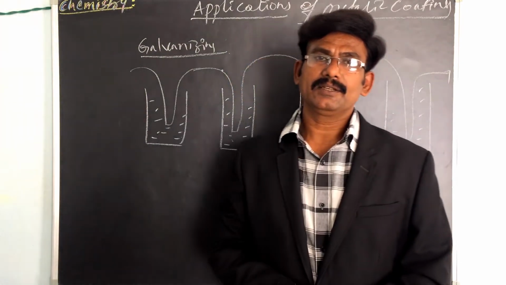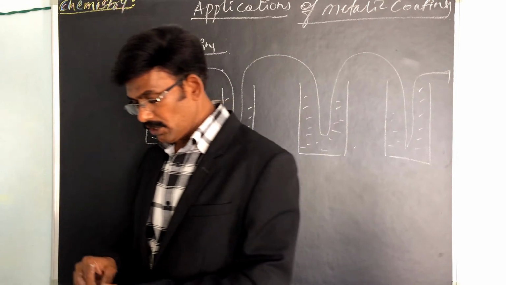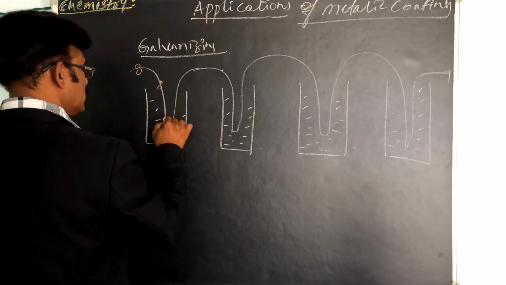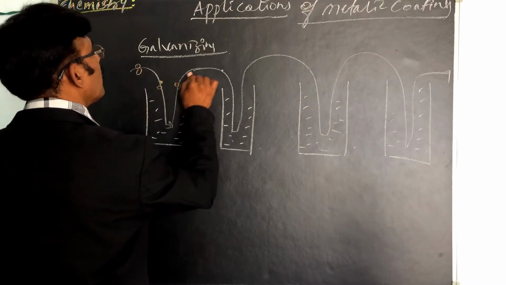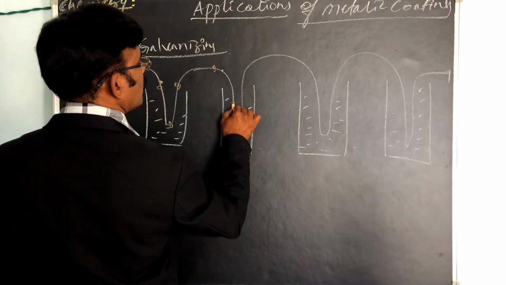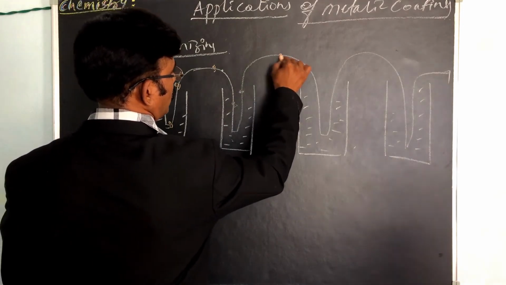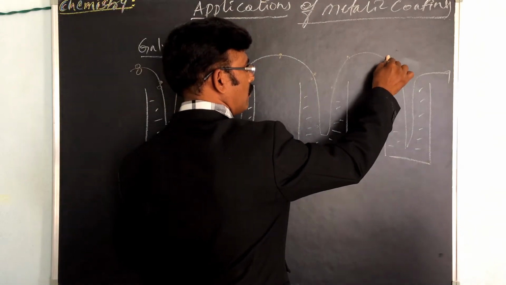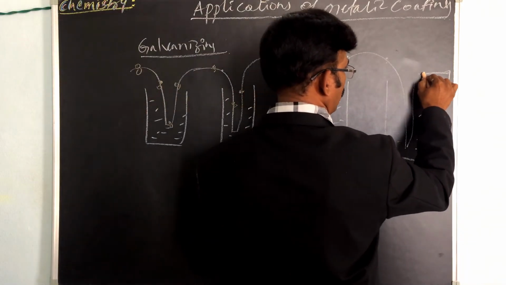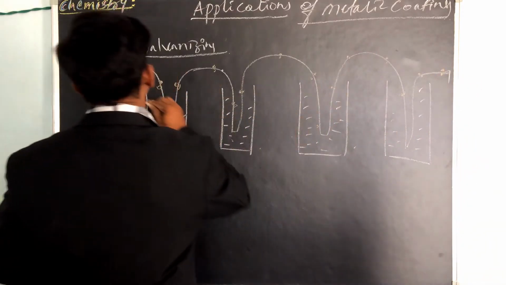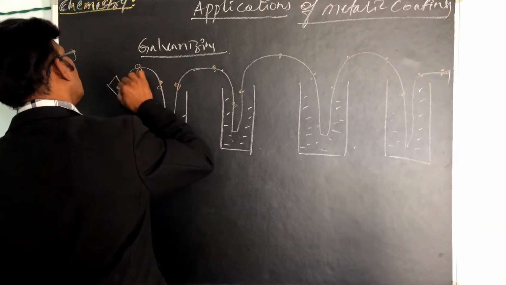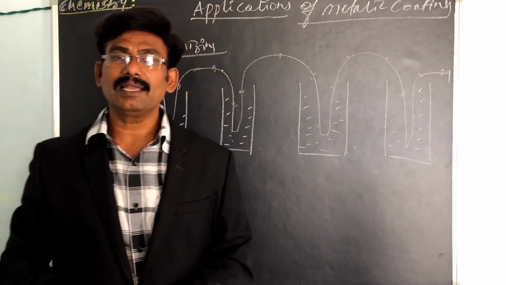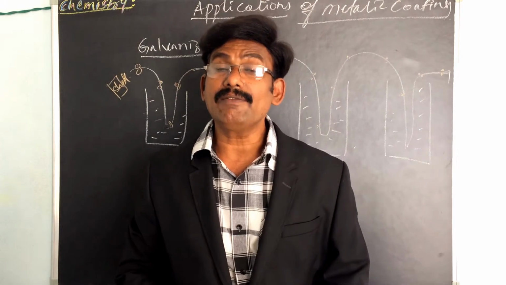These are the rollers. Now the metal sheet, whatever iron sheet it is, first enters into the sulfuric acid solution.